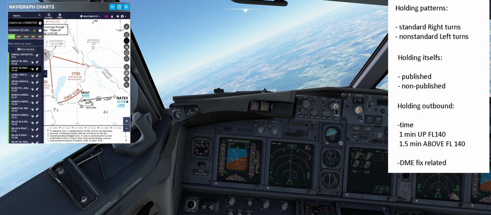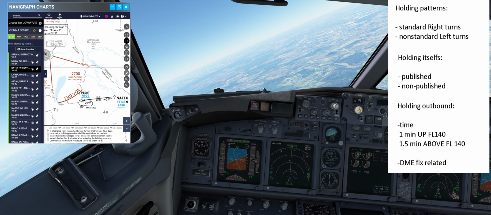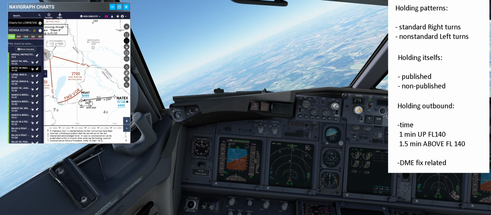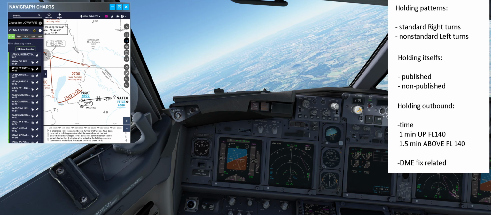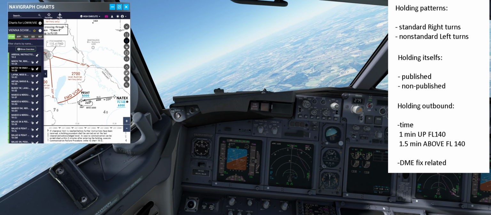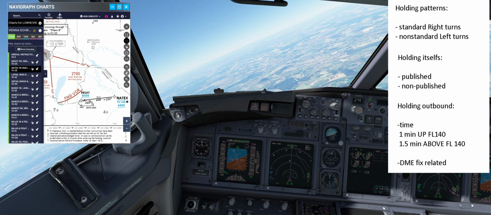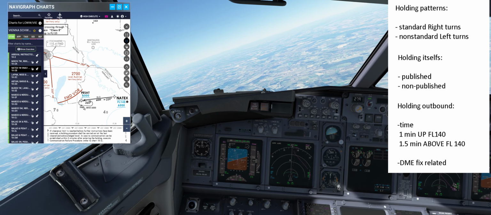So inbound course, for example, if you are talking about the published holding at PSAT, is 269, but the radial is 089. Okay, so we have a published hold over the PSAT, and overhead PSAT, as you can see, we have a non-standard holding pattern with left turns.